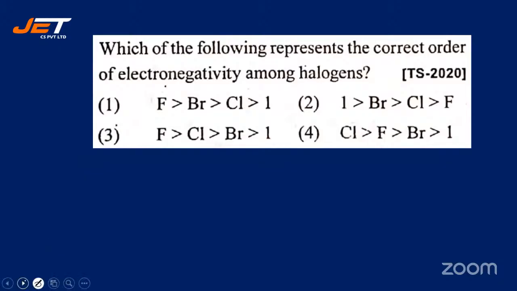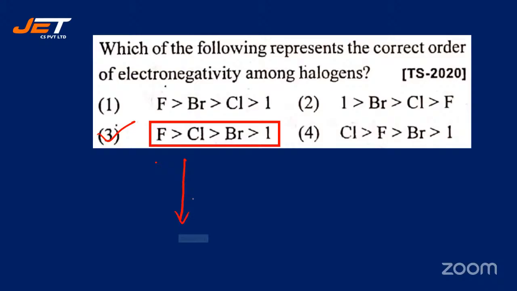Let us see which is the right answer. Yes, it is option 3. So here the electronegativity decreases down the group. Okay. So electronegativity, when you are moving from top to bottom of the group, it keeps decreasing towards the bottom of the group. Electronegativity is high at the top, whereas it is low on going down in a group.